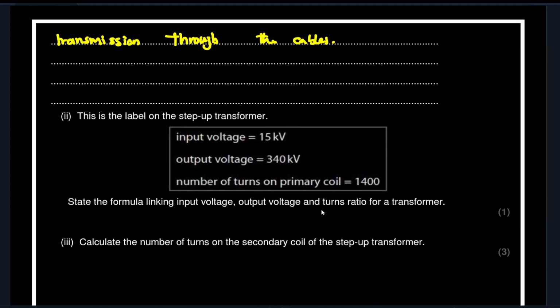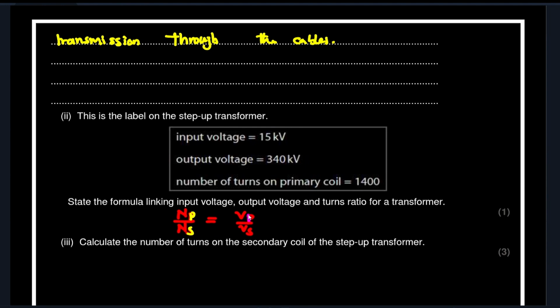So state the formula linking input voltage, output voltage, and the turn ratios of a transformer. At this particular point, we're going to highlight this and say number of turns in the primary coil over number of turns in the secondary coil is equal to voltage in the primary coil over voltage in the secondary coil.